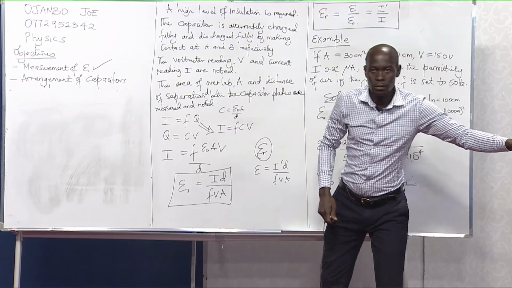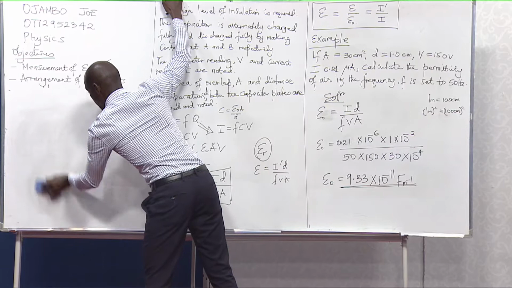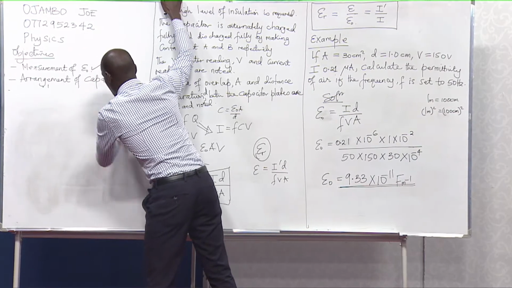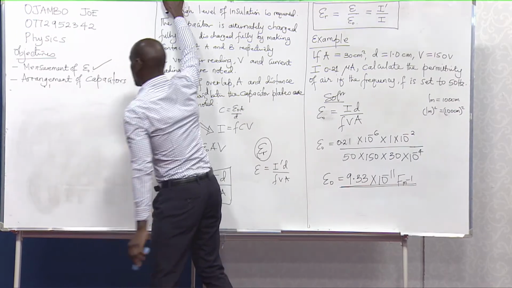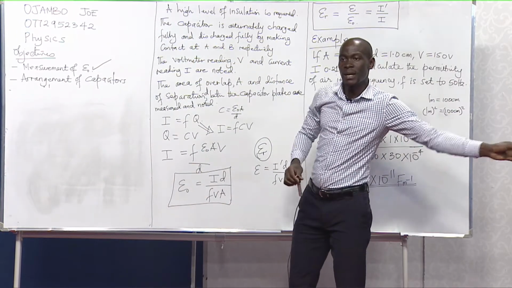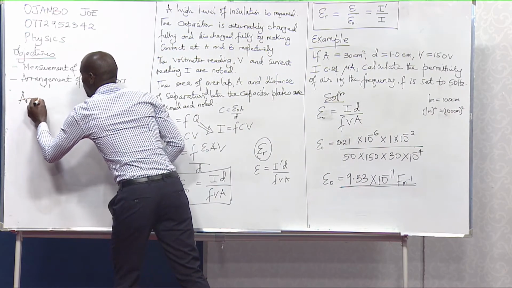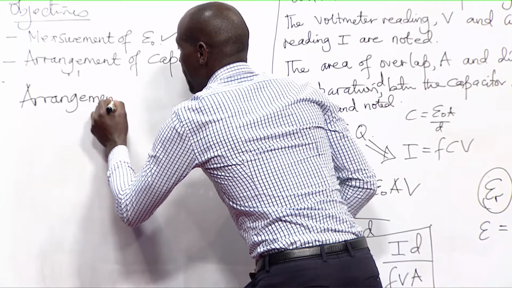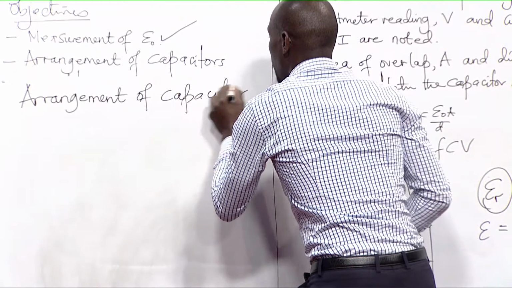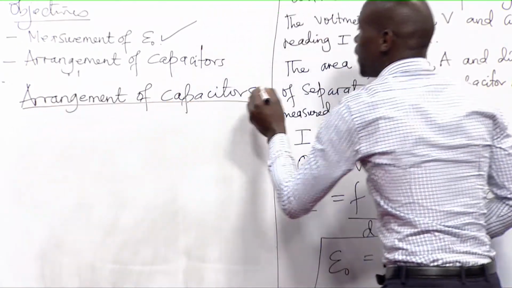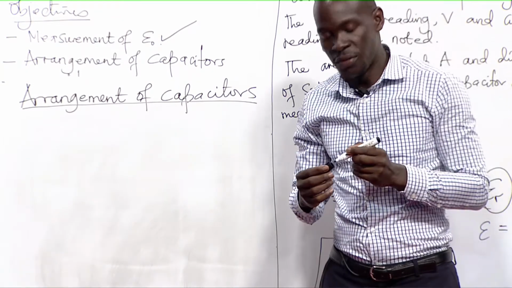So, this is what we want to look at: arrangement of capacitors. How can we have them placed in a circuit? So, capacitors can be arranged in different ways.